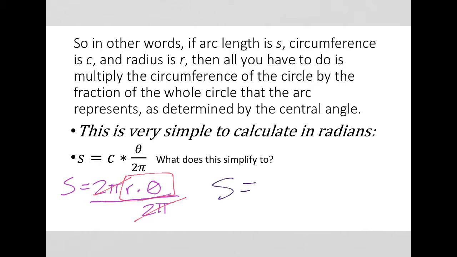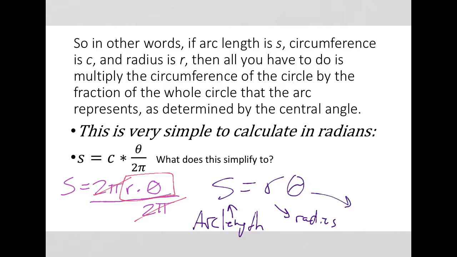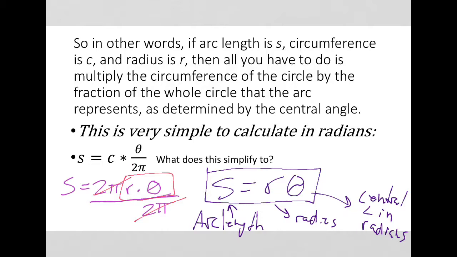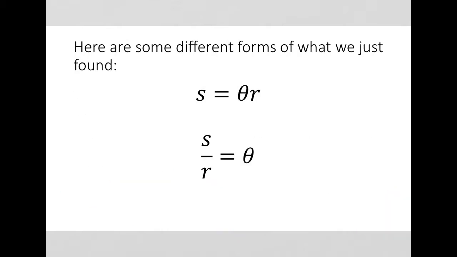And so S equals r times theta. What is that saying? That's saying that the arc length S will equal the radius times the central angle in radians. And that's cool because that's a really easy formula. Radius times theta. That's pretty cool.